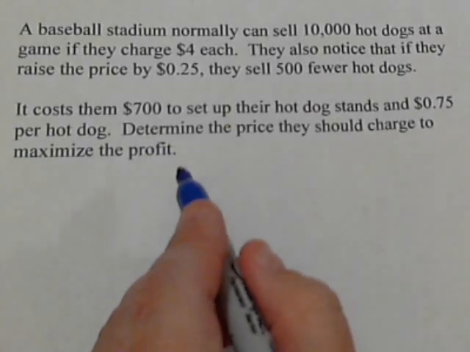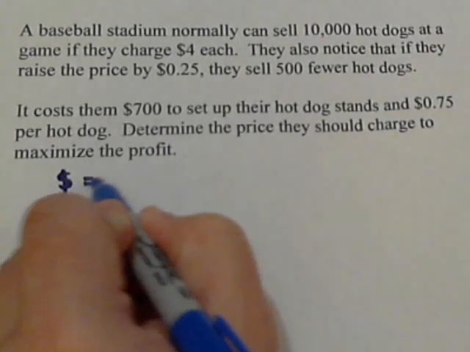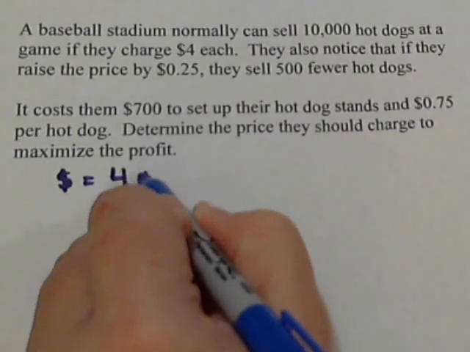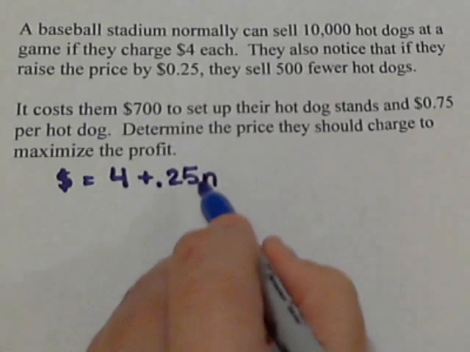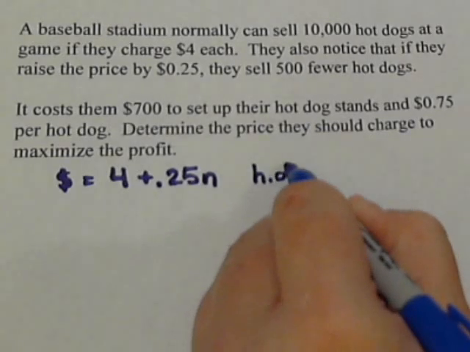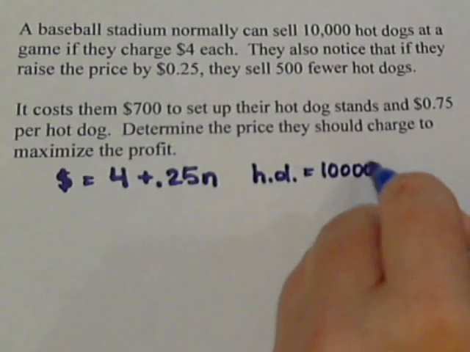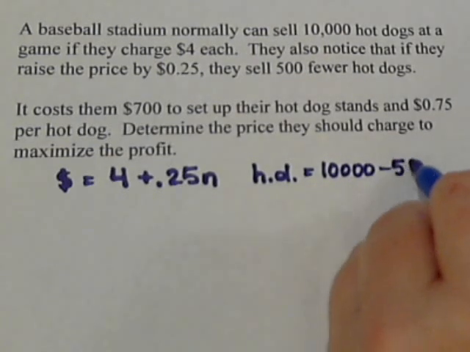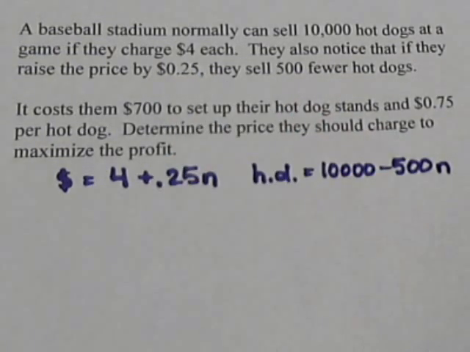Just a refresher from that video, we figured out that our cost formula was going to be 4 plus 0.25n, where n is the number of times we raise the price. Our number of hot dog formula was going to be 10,000 minus 500n. Again, n was the number of 25-cent raises.